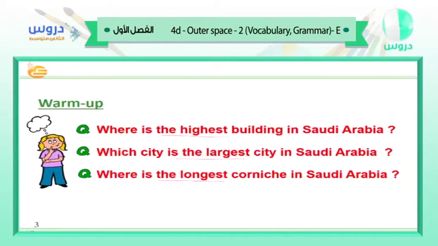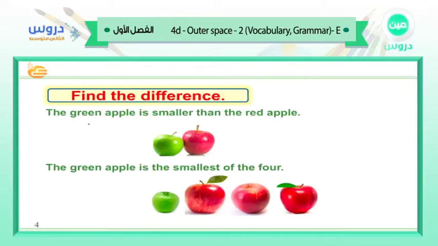Let's start our grammar, everybody. Find the difference. The green apple is smaller than the red apple. And here, the green apple is the smallest of the 4. 1, 2, 3, 4.